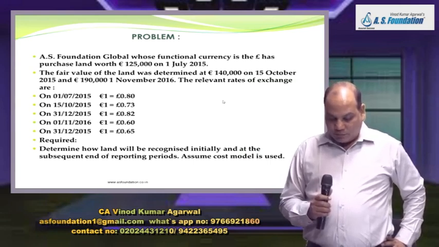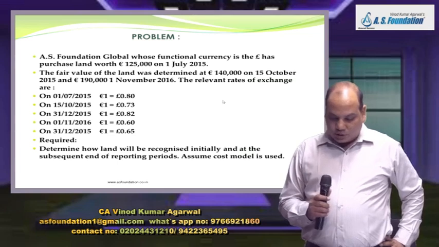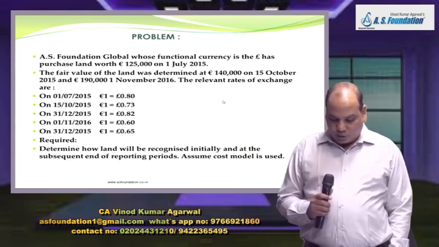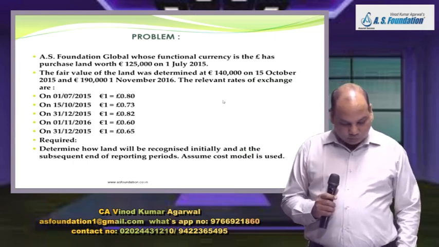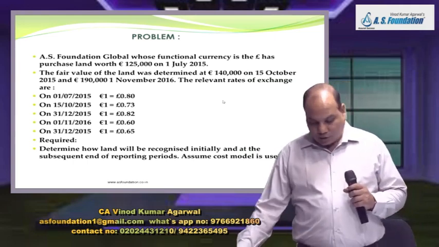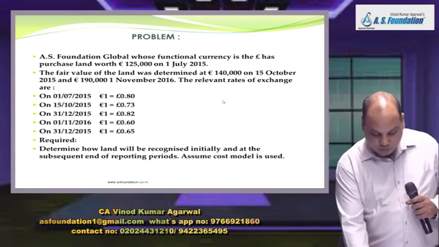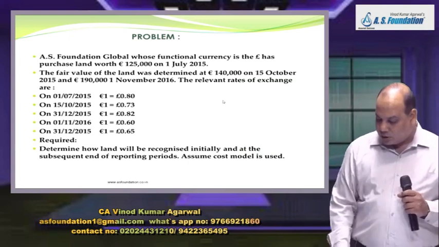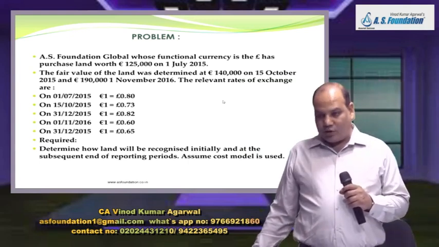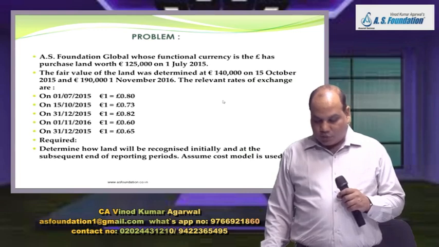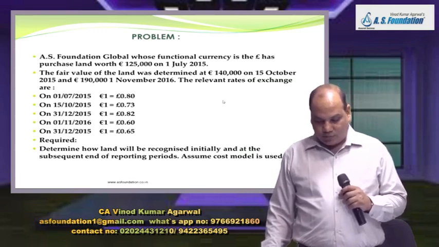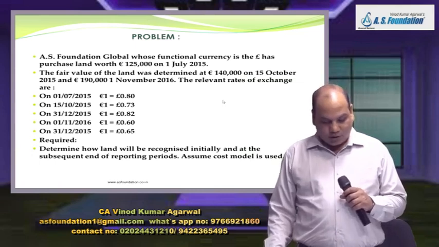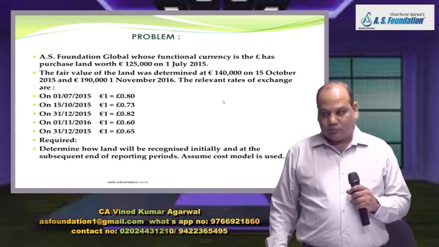Exchange rates are given for 1st July, 15th October, 31st December, 1/11/16, 31/12/16. Question is, determine how land will be recognized initially and on the subsequent reporting period. Assume cost model is followed. Underline assume cost model is followed.